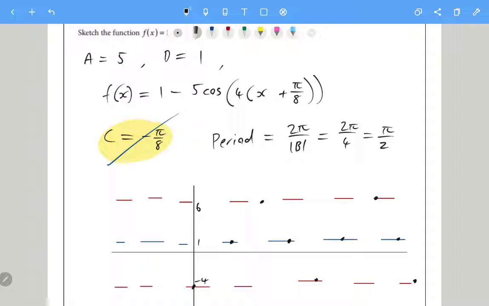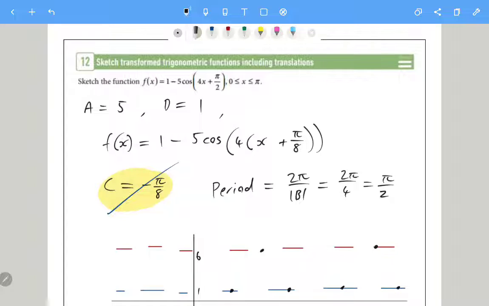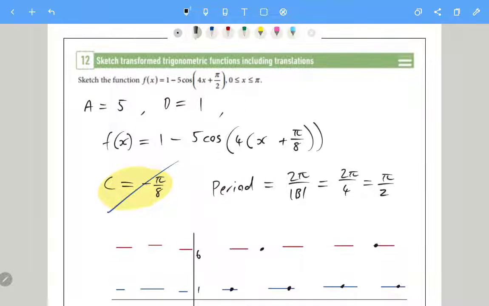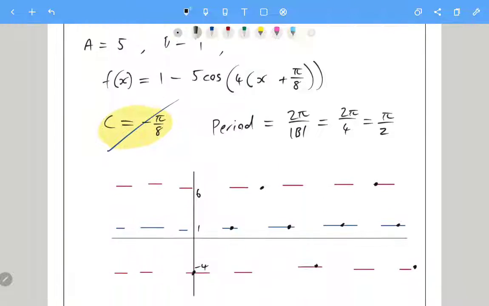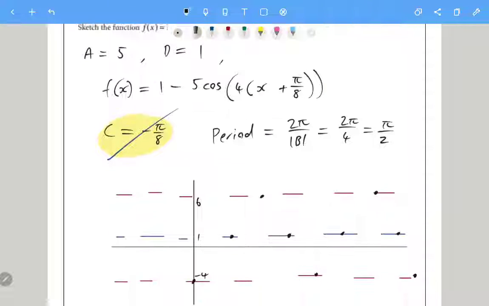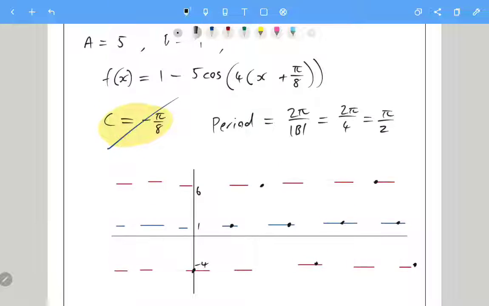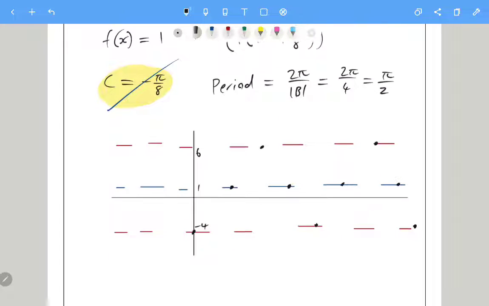Alrighty. So a really good question would be, how much of it do I need to draw? I'm not going to worry about that just yet. That's going to be a problem I'm going to deal with in a second. But for the minute, let's just try and get this period working. If this is my starting point, the next point will be this one, and this one will be at pi on 2, based on my period.